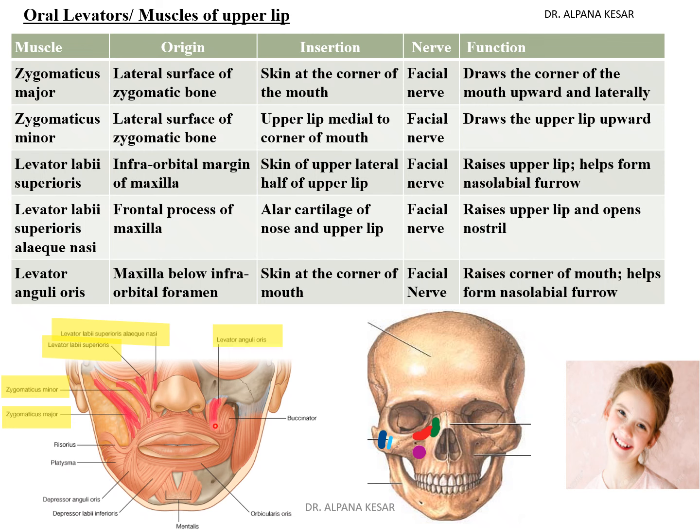Levator anguli oris is present deeper to these muscles and takes origin from the maxilla below the infraorbital foramen. This is the infraorbital foramen, and below it is the origin of levator anguli oris, which gets inserted in the skin of the corner of the mouth. It helps in raising the corner of the mouth.